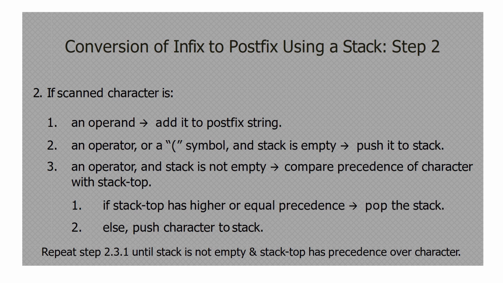Now what to do next? If the scanned character is an operand, push it. But here it was not b directly, it was multiply, so it was an operator. So what will we do? If there is an operator or a starting bracket symbol and the stack is empty, then push it to the stack.